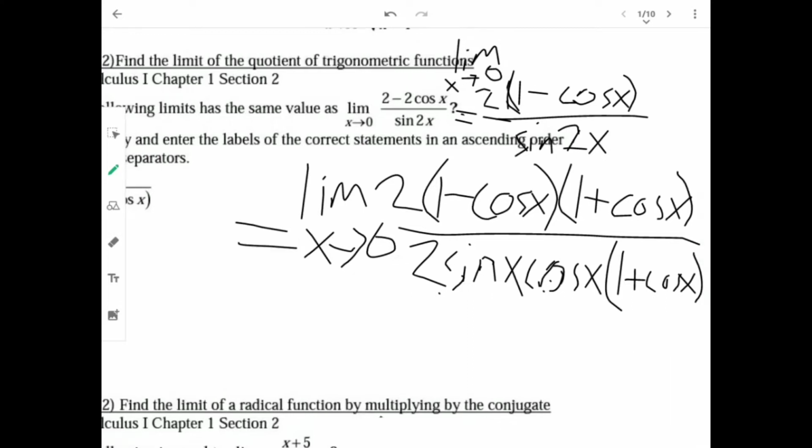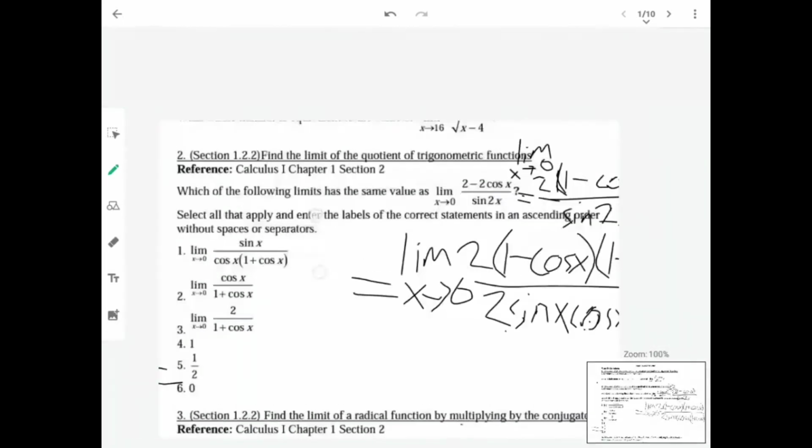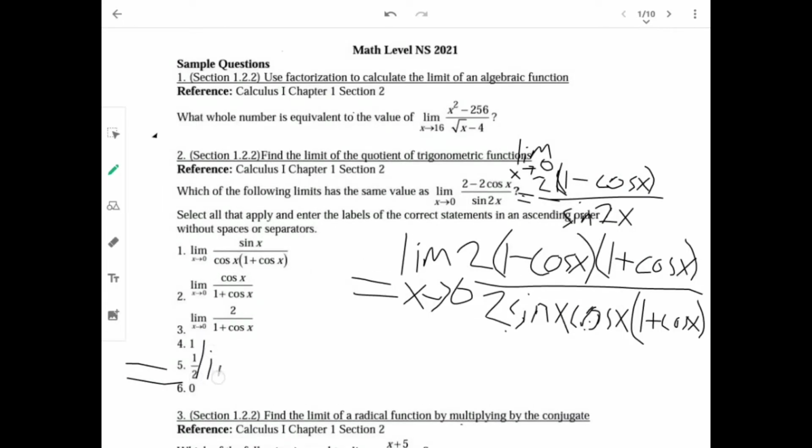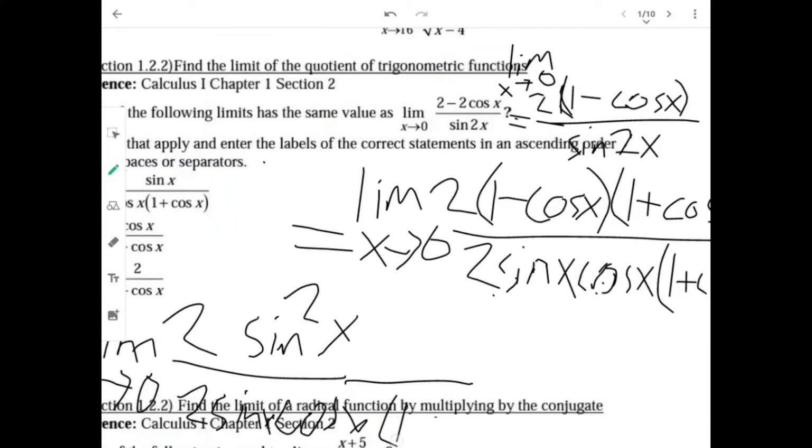Okay, so now you'll end up with limit as x approaches 0 of 2 into sine squared x over 2 sine x cosine x into 1 plus cosine x.